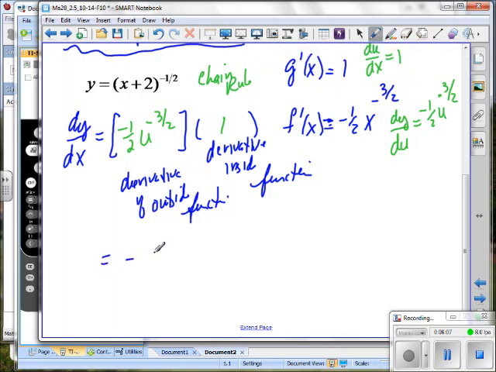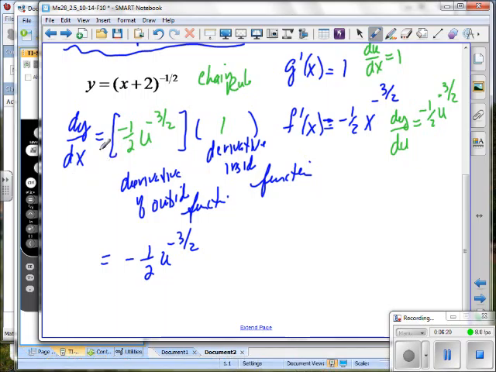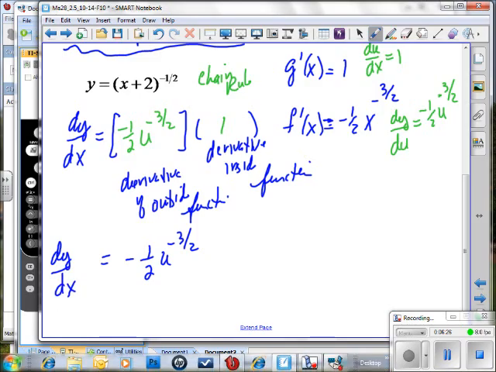So that should be simply negative 1/2 u to the negative 3/2 if I multiply by 1. But I've got a problem. This is supposed to be dy dx. Do you see the problem I've got?